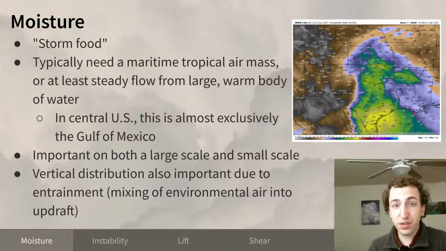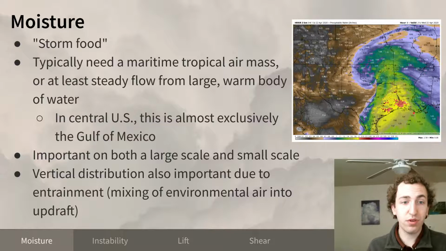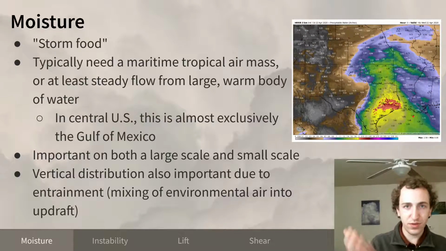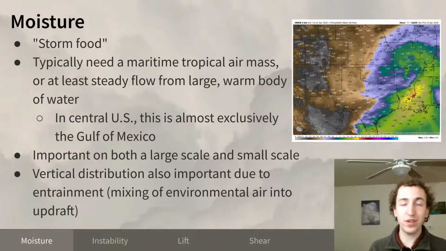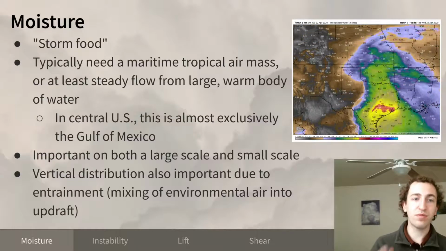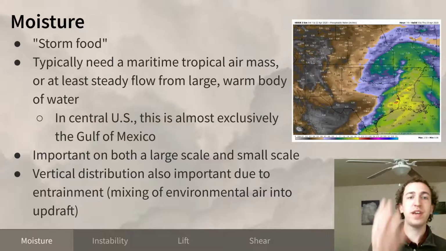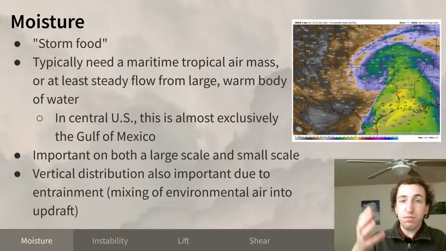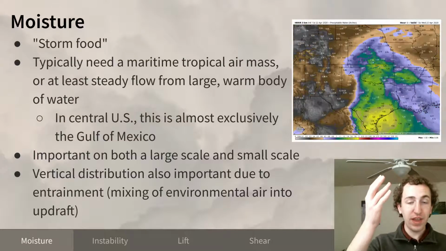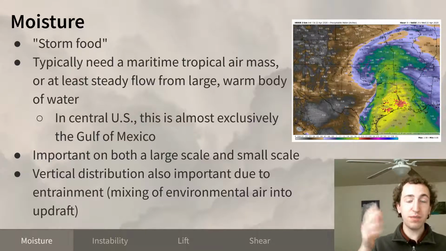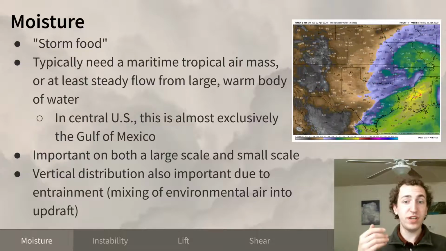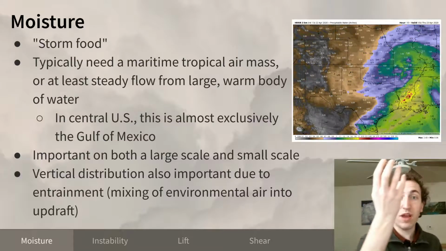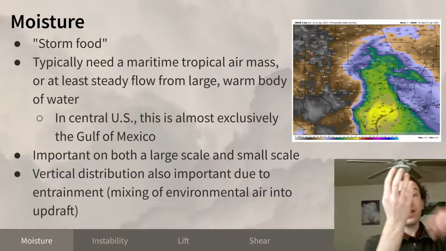The vertical distribution of moisture is also quite important, and maybe not for the obvious reasons, because you think storms are starting from the surface or at least low levels of the atmosphere. So that's where you are getting your moisture coming in that forms the cloud going up. But as those parcels move upward, they also experience something called entrainment, which is really just the term for the parcels of air that rise up into the storm mixing in that process.